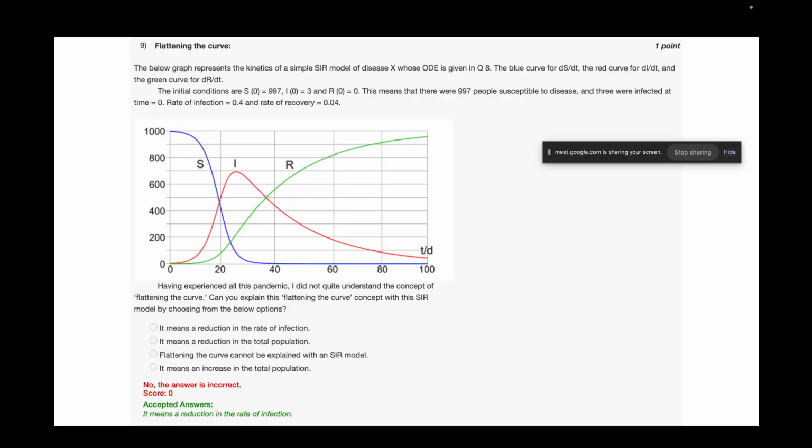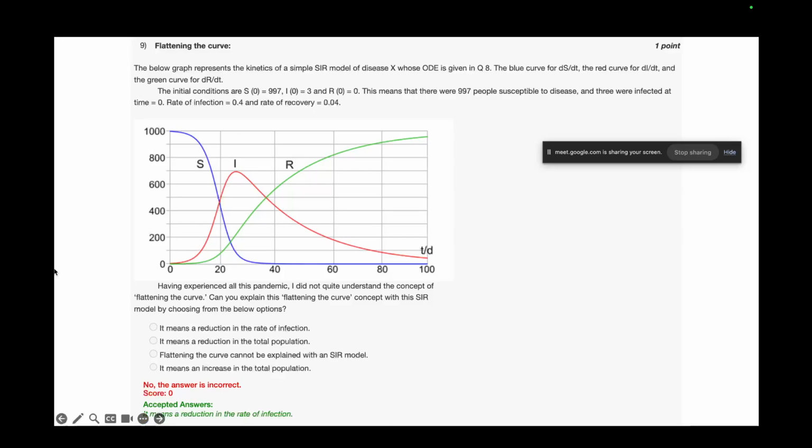Technically, the flattening of the curve means the reduction of this I curve. With this reduction, the recovery rate also goes up. It's complementary, so it will go up. And if there is a reduction in infections as well, the susceptibility rate will also go down. So the question is what is the flattening of the curve? The flattening of the curve is the rate of infection going down.